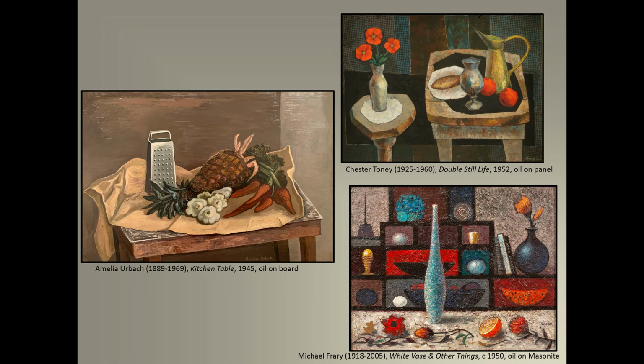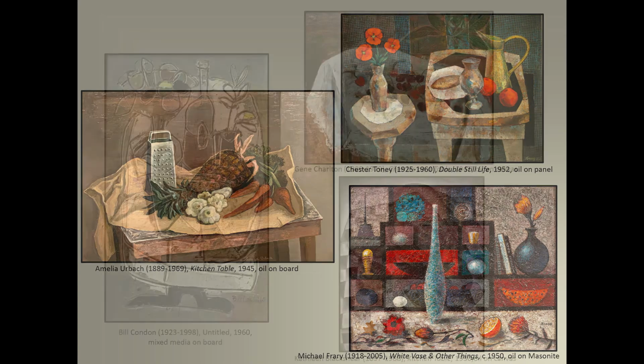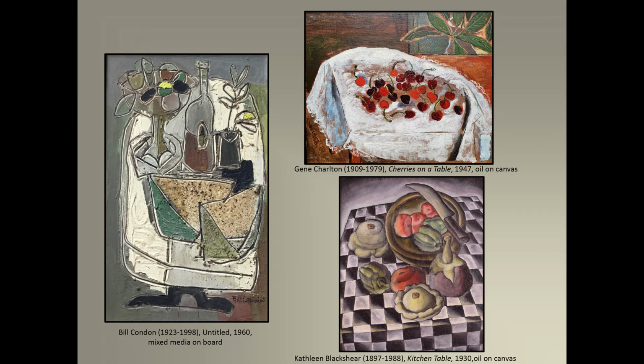He emphasizes the flat surface of the picture plane while suggesting depth only in the foreground. 3 tabletop still lifes, but very different results. 3 additional tabletop abstractions pushing the surface of the picture plane.